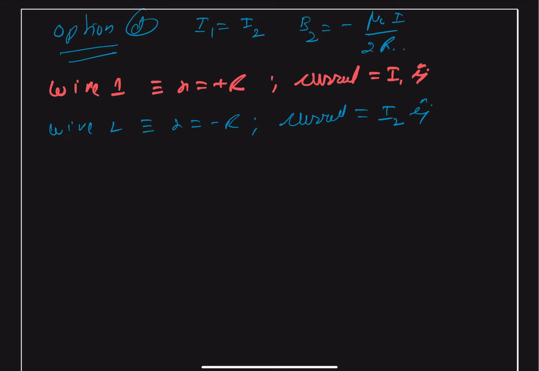And the circular loop is given as radius r and current I, and it is given that current is clockwise as seen from above.